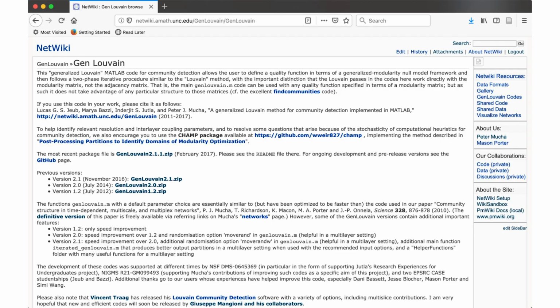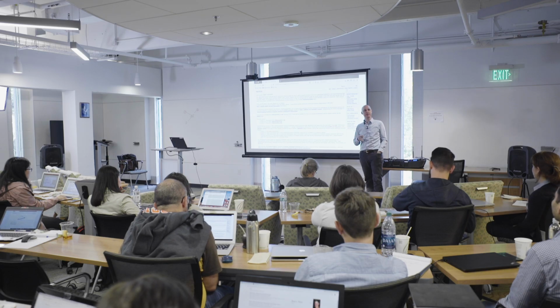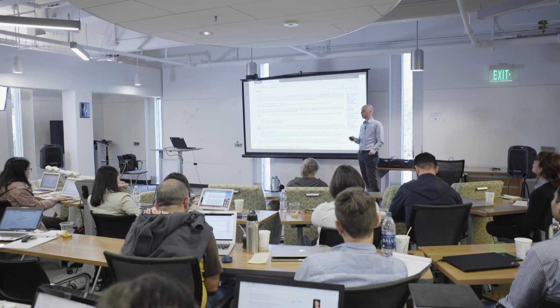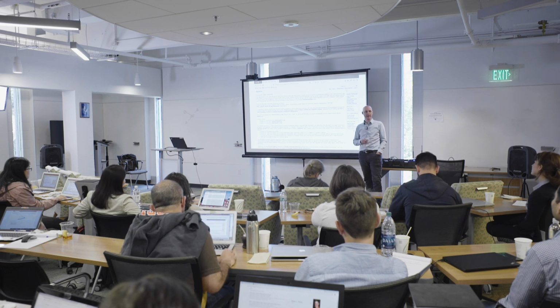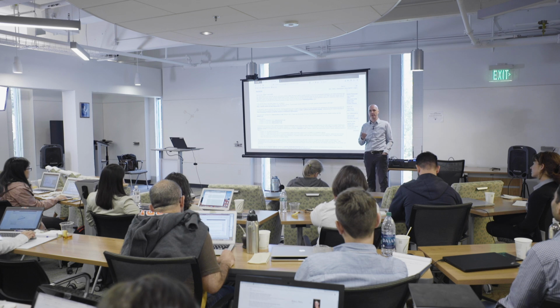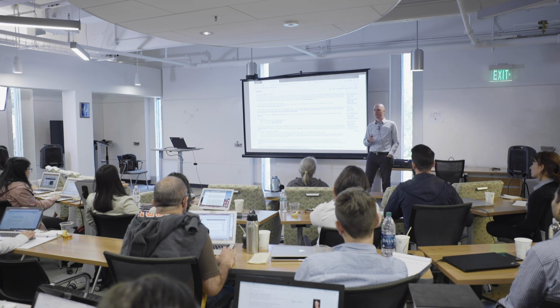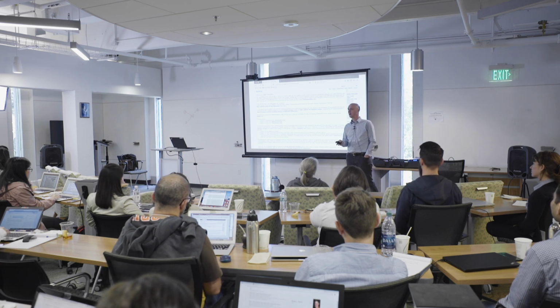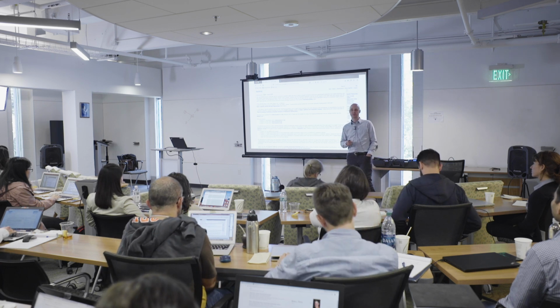We're not going to have time to talk a lot about multi-layer community detection. If you have an interest in multi-layer network data and you want to talk about that some more, you can always find me. I'm always happy to talk about these things. GenLouvain is a generalized version of the Louvain algorithm.